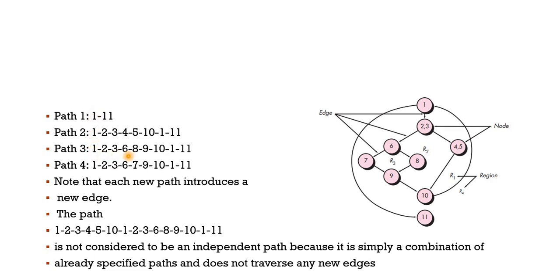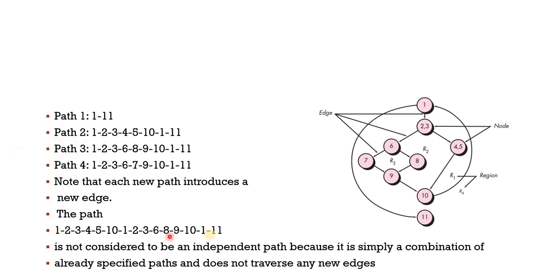Why? Because 6, 8, 9 is not in path 2 as well as in path 1. So, an independent path is the one which moves from starting to exit from the model, which introduces new edges, that has not been traveled by a previous path.